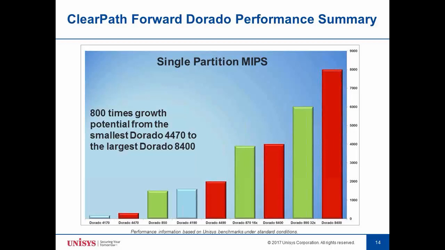Now, one of our abilities that we like to talk about is scalability. And this chart shows the scalability there in red of our new Dorado platforms. Again, from the smallest Dorado 4470 configuration through the largest Dorado 8400 single partition, you can grow your business 800 times without having to worry about changing operating systems, changing database architectures, or even recompiling your application code.